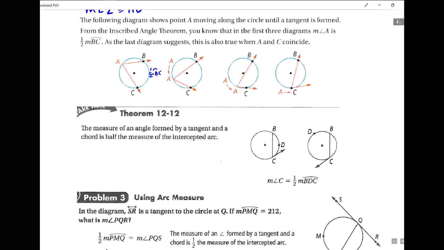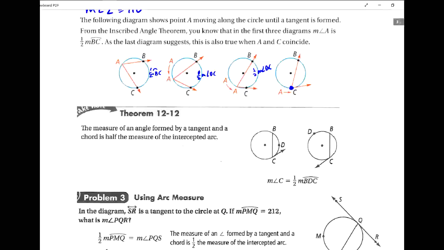And here it's the same way. It's 1/2 of the measure of arc BC. And even here, it's still intercepting this. It's 1/2 the measure of arc BC. But what happens when point A and point C become the same?